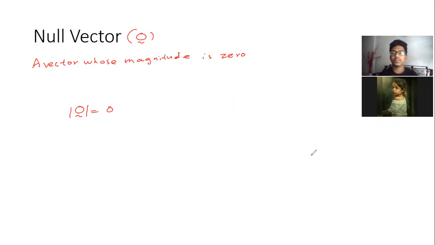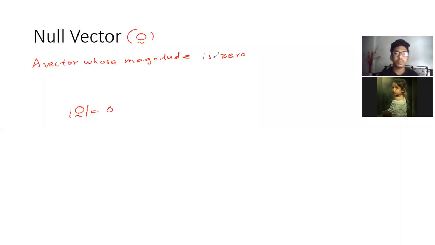Okay, suppose I say no direction. Null vector has no direction. Is that statement true or false? False. Very good. Because a vector must have a direction, right?